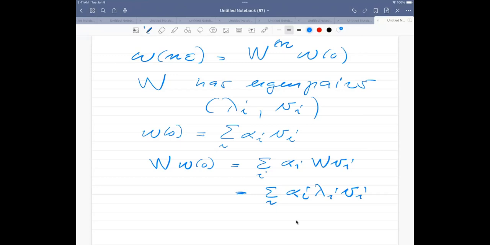Now I can do this many times. When I do this many times, this is my final state, w of n times epsilon. And we see that this is nothing but the sum over i of alpha_i lambda_i to the power of n multiplied with v_i.